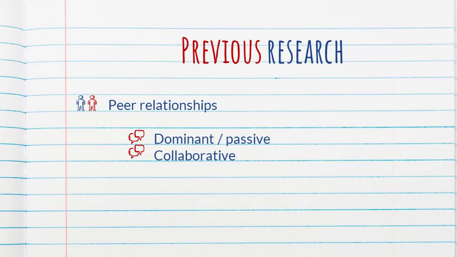A similar strand of research has looked at interactional patterns as opposed to just the proficiency levels. So, for example, students working together might be collaborative, where they help each other out, they listen to each other, they engage with each other's suggestions, or they might have more of a dominant-passive relationship, where one student takes control, makes most of the decisions, and the other student simply accepts those decisions and doesn't contribute a lot to the task.